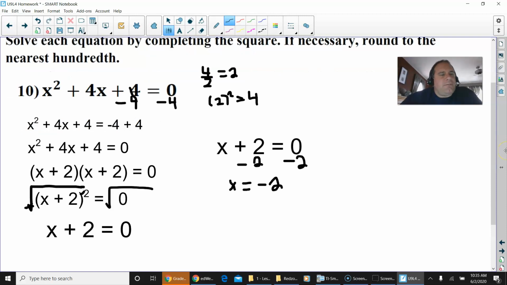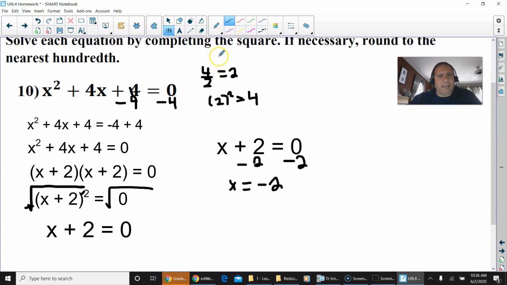All right, x squared plus 4x plus 4 equals 0. You subtract 4 on both sides. So I got this: x squared plus 4x plus 4 equals 0.